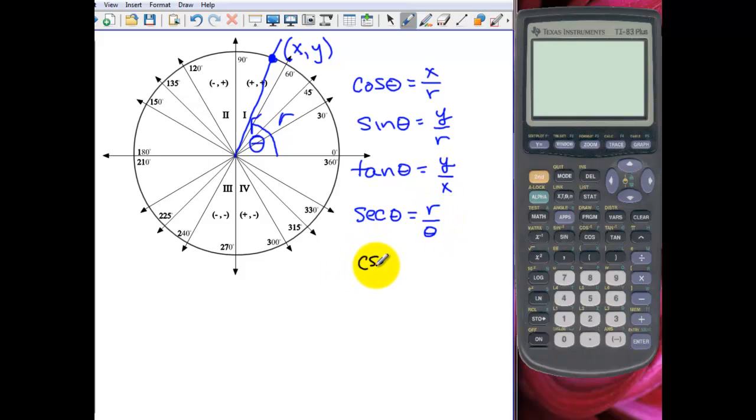The cosecant is the reciprocal of the sine, so it's r over y, and cotangent of theta equals the reciprocal of the tangent, x over y. So we're going to be using these formulas when we deal with trig of any angles or trig in the coordinate plane.